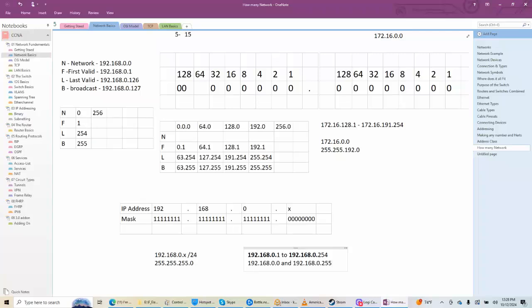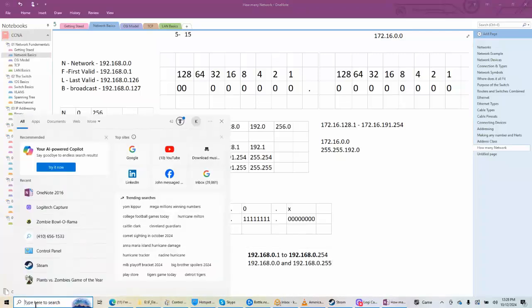TCP/IP is not going to allow you to put the 0 on there or the 255 on there. Now with a Cisco device, you could actually put a command in there to remove that feature and allow us to use those two addresses. However, on the norm, TCP/IP is not going to allow you to do that.